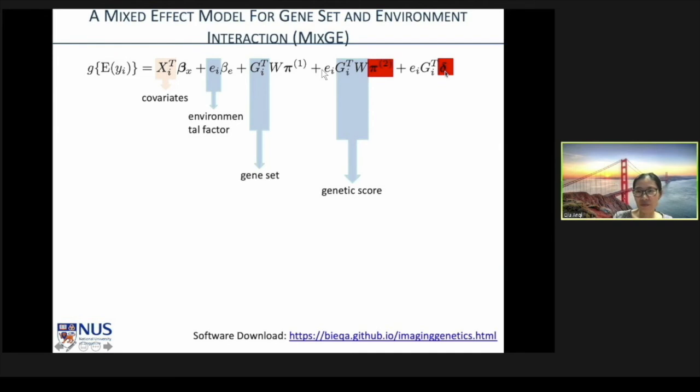For instance, if individual SNPs have different effects on the outcome measures, the delta down here will be able to model these heterogeneous effects from individual SNPs in the gene set. This approach allows us to combine the rare variants into the gene set, regardless of the sample size we have.